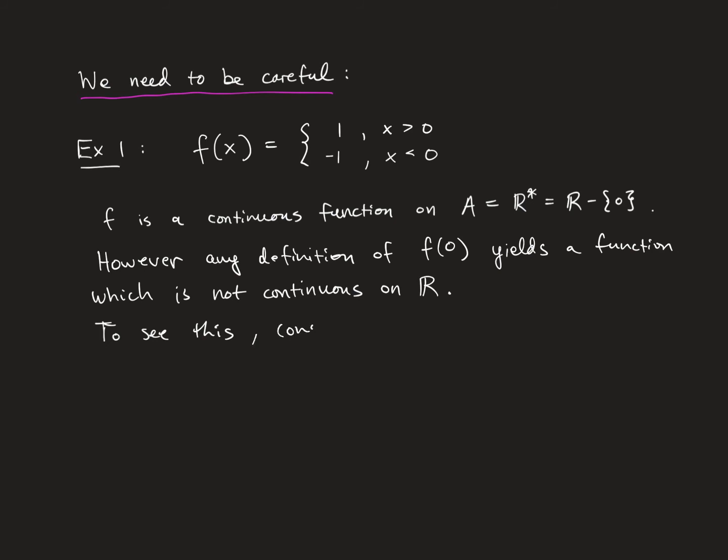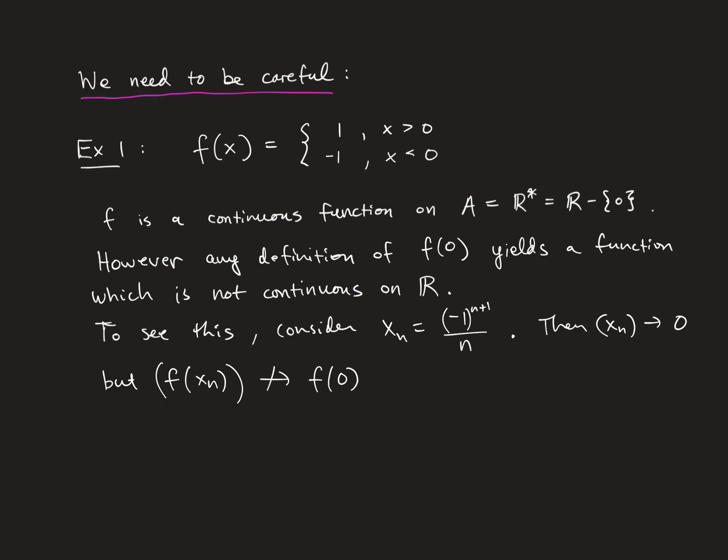Consider x_n equals (-1)^n over n. Then the sequence x_n converges to 0, but f of x_n can't converge to f of 0 for any value of f of 0, since the sequence f of x_n is just an alternating sequence of 1s and -1s, which doesn't converge to anything.